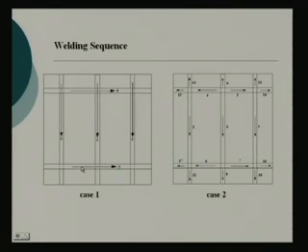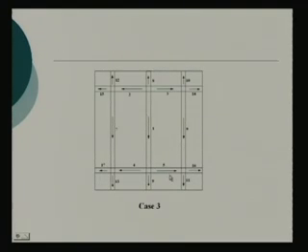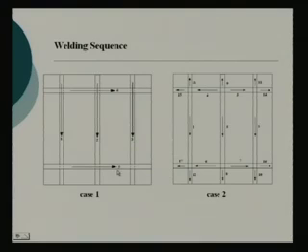Obviously, in an actual stiffened panel there will not be only 3 longitudinals and 2 transverses, there will probably be 20 longitudinals and 5 transverses like that, right. But just to study the effect we have taken this simple case. So, here as you can see we have shown 2 cases and this is the third case. There are 3 possible sequences of welding.